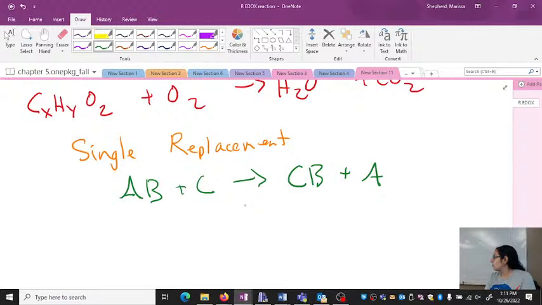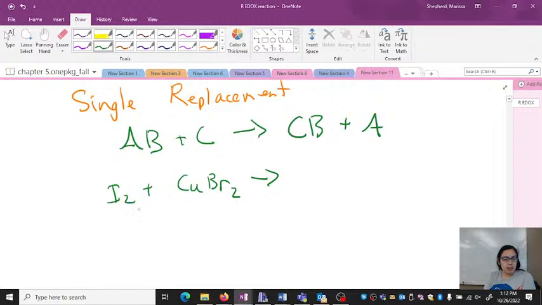The brown line, plus copper oxide to make iodine. No, iodine plus copper bromide. Oh, so iodine plus, is that copper 1 or copper 2 bromide? Copper 2. So copper 2 bromide.